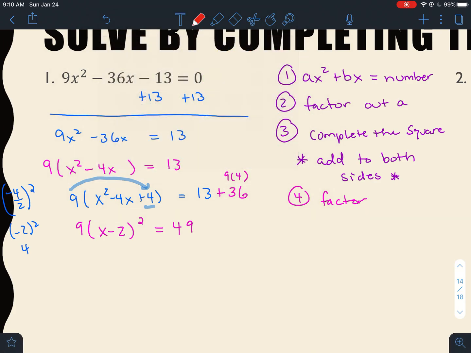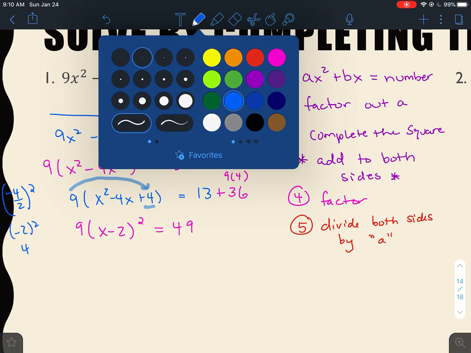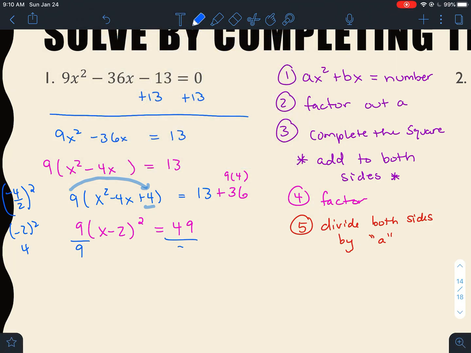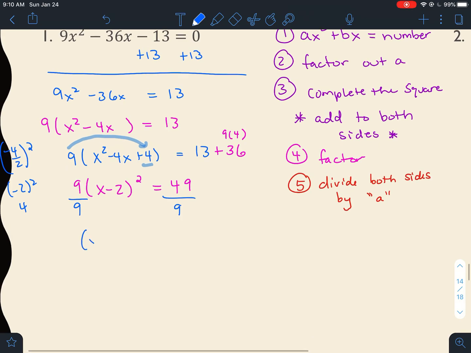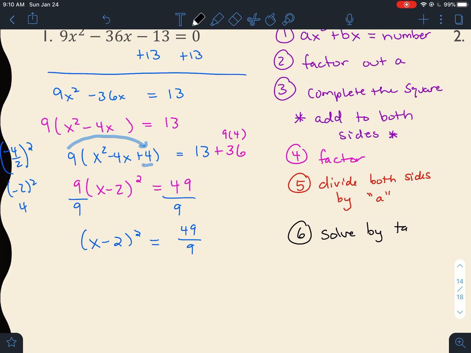And then now, I don't take square roots yet. Step 5 is you're going to divide both sides by the a term that you factored out. So now I'm going to divide both sides by 9 so that the squared term is by itself. And I'll have x minus 2 squared equals 49 over 9. And I'm going to leave that as a fraction. And now step 6 is I'm going to solve by taking square roots.